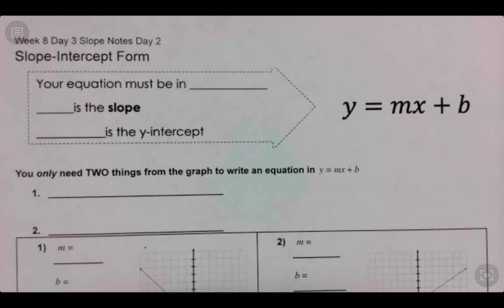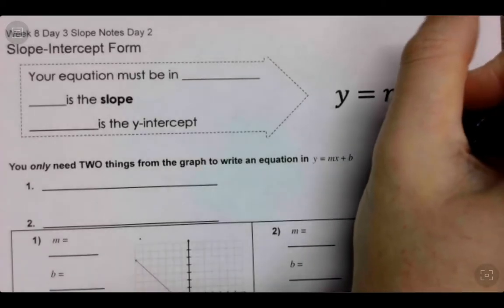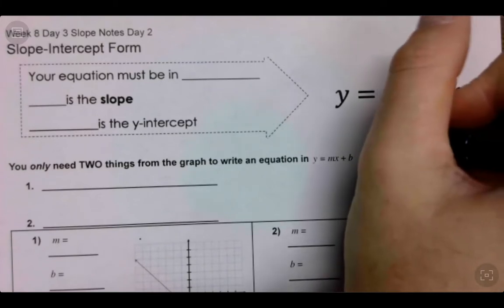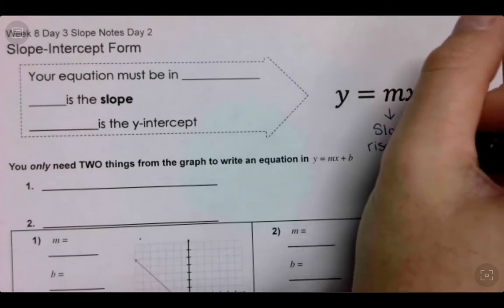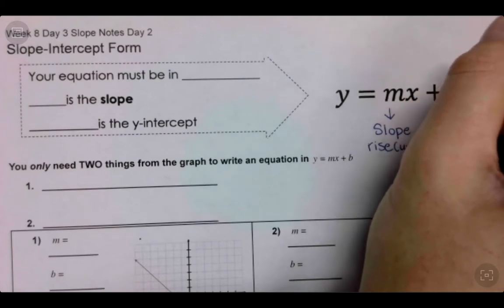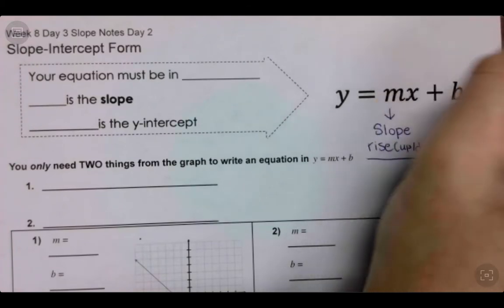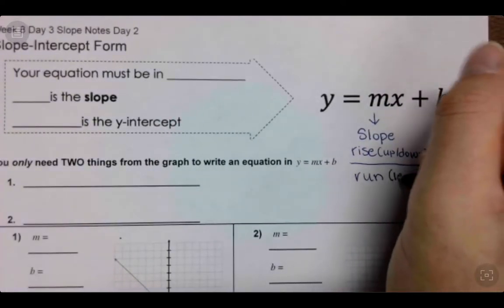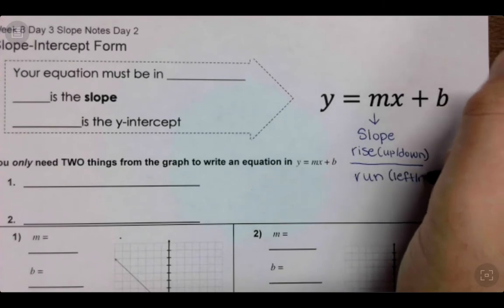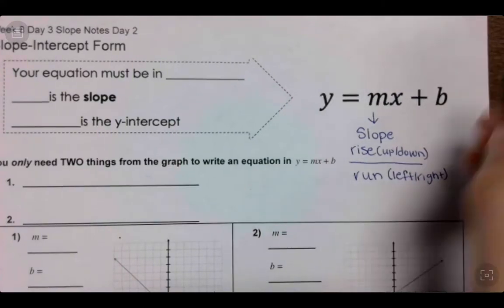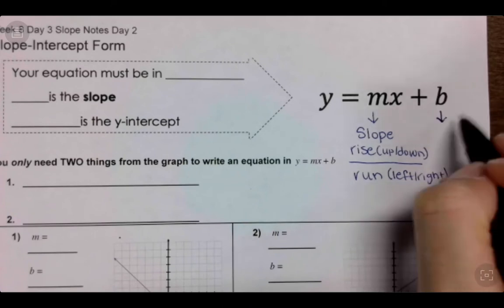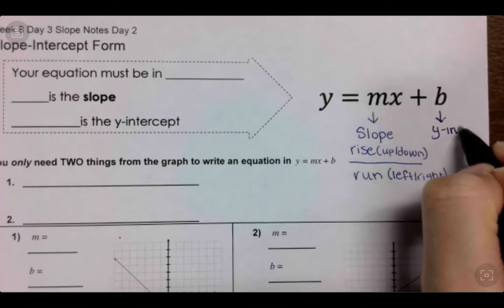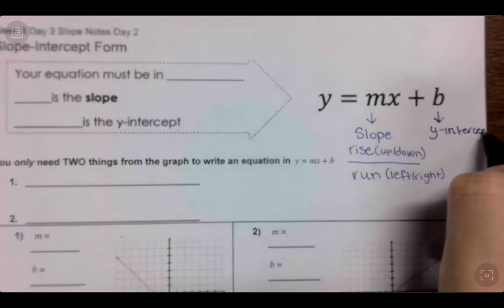So we talked about this last time. M is our slope, which is rise, up and down, over the run, which is left to right. Our B is our y-intercept. I'm running out of room.